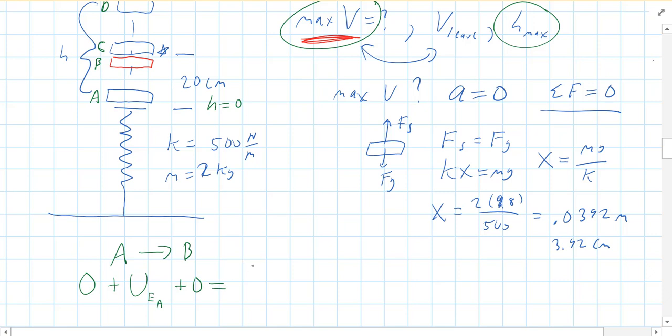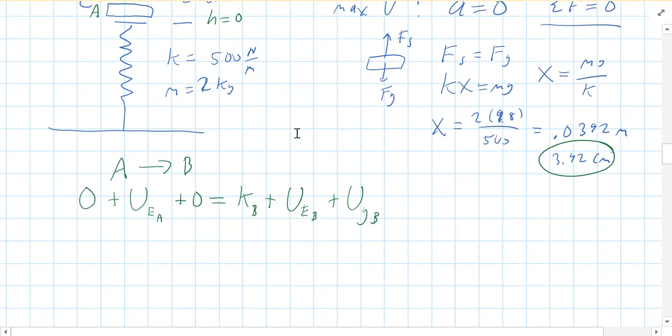At point B, the book is moving, so there's going to be a kinetic energy at B. The spring is still compressed 3.92 centimeters, so you still have elastic potential energy at B. And now we are a height above the starting point, so we have gravitational potential energy at point B. Now we just have to be very careful with our substitutions here. First I'll write the equations out.